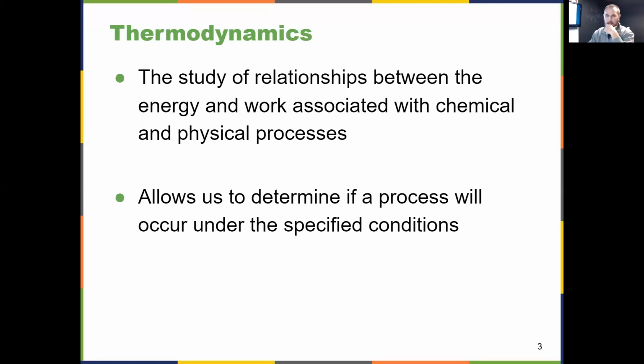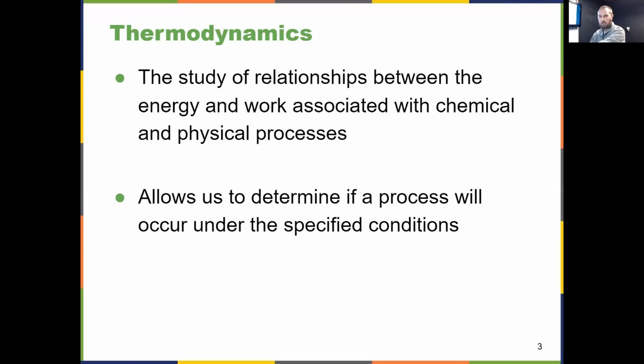Definition of thermodynamics up top here: it's the study of relationships between energy and work associated with both chemical and physical processes, which may sound familiar. It's pretty similar to what we said in Chapter 5. But where we're going now is thinking about 16.1, which is all about spontaneity.